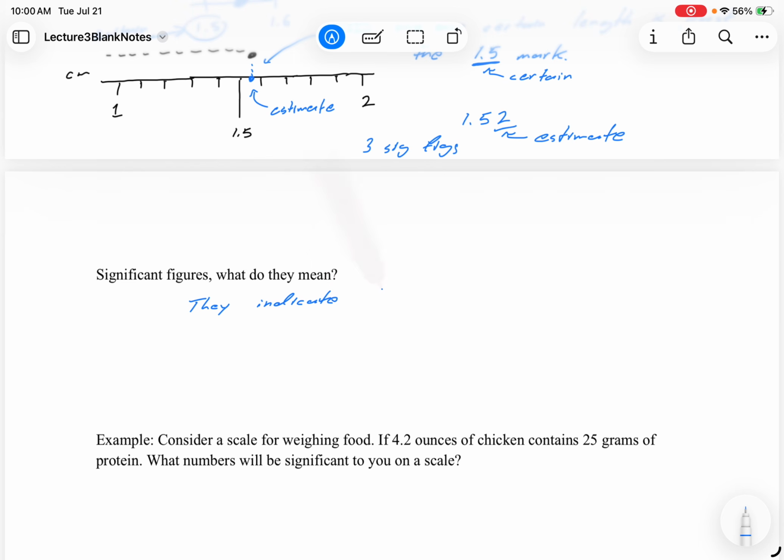They indicate the level of precision in a measurement or calculated value.